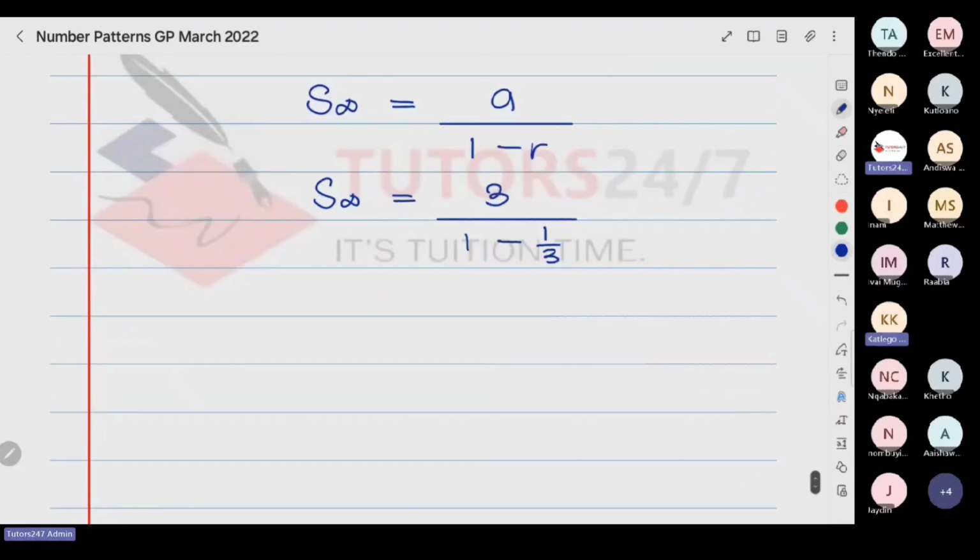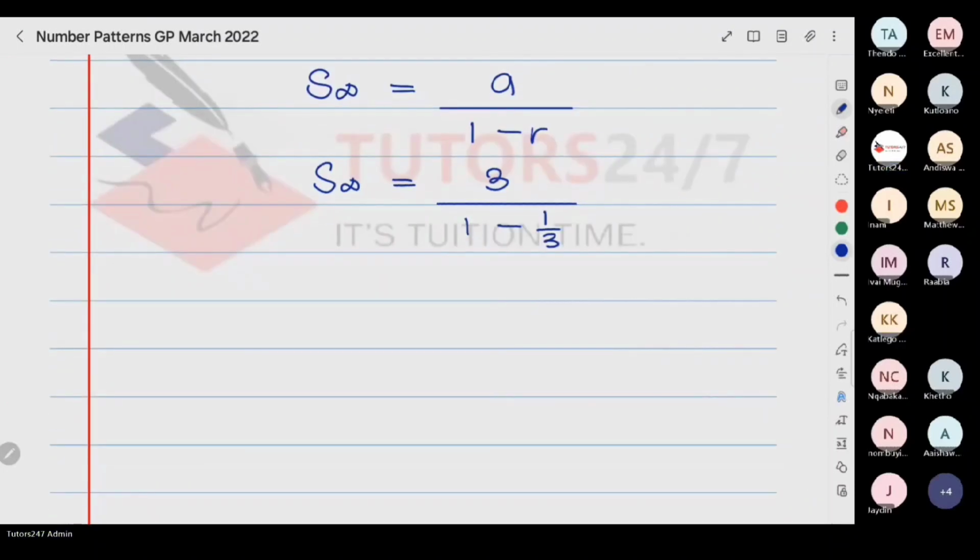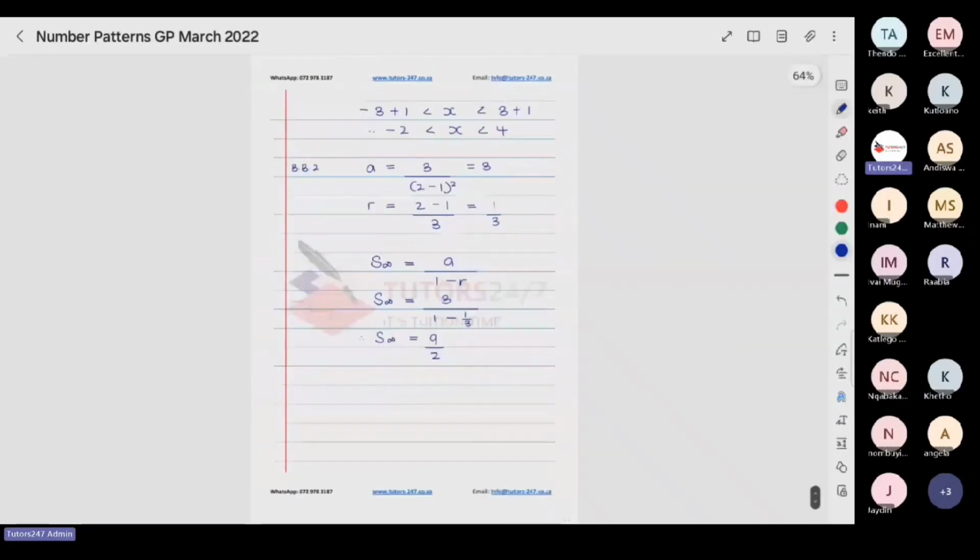If we put this into our calculator, let's see. It's 9 over 2, sir. That is correct. It is 9 over 2. So all we'll do is state, therefore, the sum to infinity is equal to 9 over 2, and we are done. That is the Gauteng 2022 March exam paper.